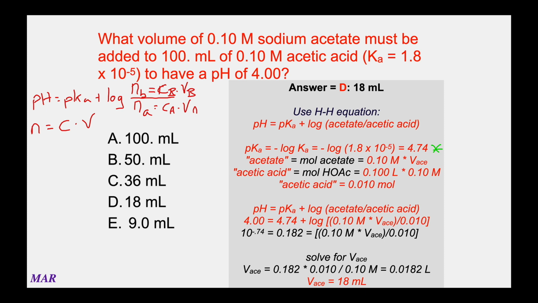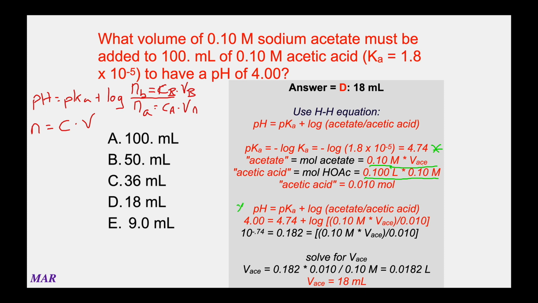Acetate is the base and acetic acid is the acid, all right? So base over acid means acetate divided by acetic acid. And you can see what I did. I went concentration times the volume, and we don't know the volume of the acetate, V acetate. But we do know the volume and concentration of the acid, and I actually went through and solved that in this version of the problem, which is cool.